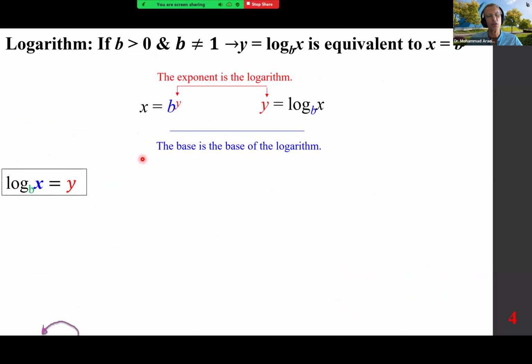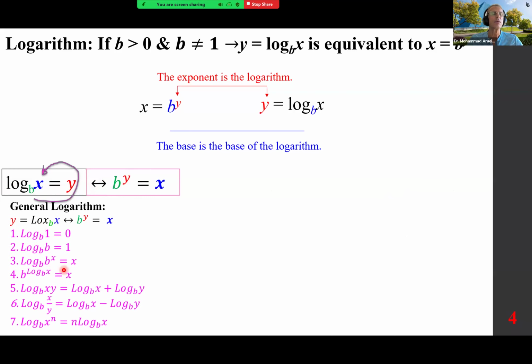And as far as the log is concerned, if we can follow this arrow and get to this definition, in other words, going from logarithmic format to exponential format and vice versa, and noticing that log is simply an exponent. So log is y, the exponent of b to the power y.